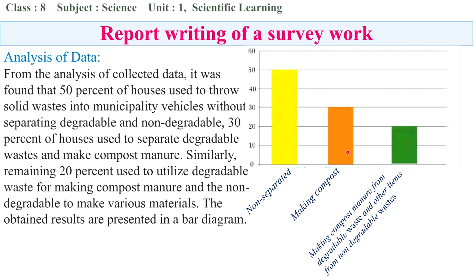Similarly, look at it. These 30% people make compost, degradable waste they convert into compost, and the remaining 20% people use compost for degradable waste, as well as they have practiced using non-degradable waste like plastic and others in different materials, isn't it? This was the result obtained from the survey work.